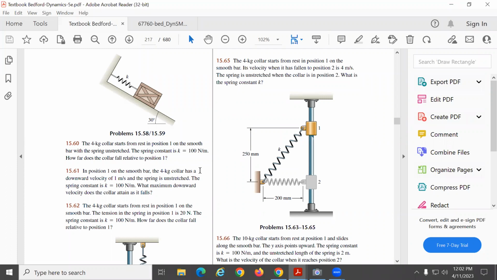Initially at rest, so that means V initial equals 0. Its velocity when it has fallen to position 2 is, okay, 4 meters per second. The spring is on stretch when the collar is in position 2. What is the spring constant K?